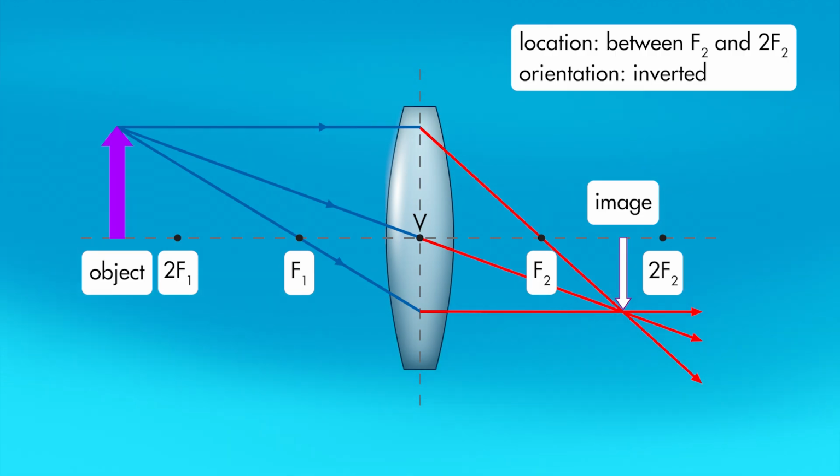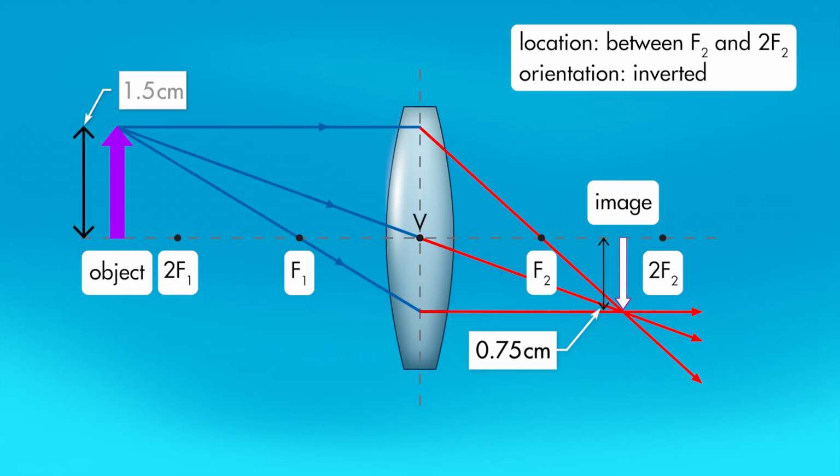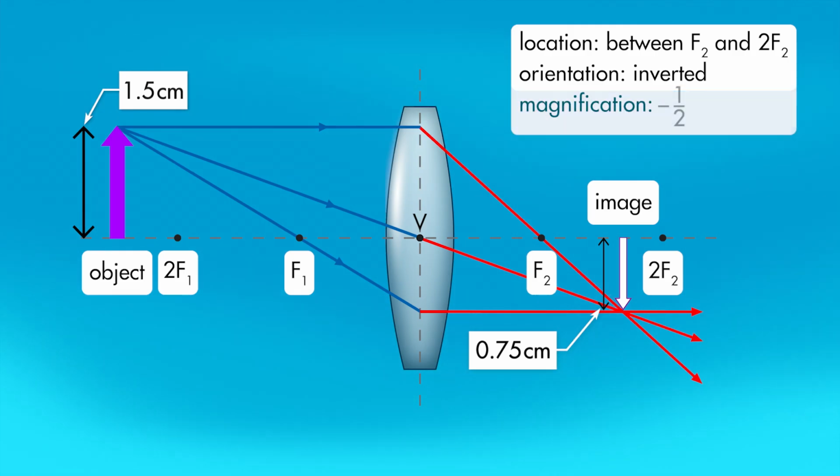In this ray diagram, the height of the image is 0.75 centimeters, and the height of the object is 1.5 centimeters, so the magnification is 1 to 2. However, since the image is inverted, the magnification is given a negative value, which makes it negative 1 to 2.